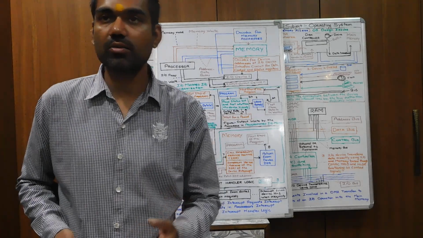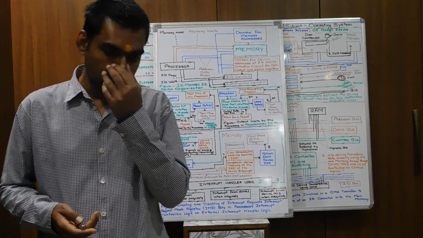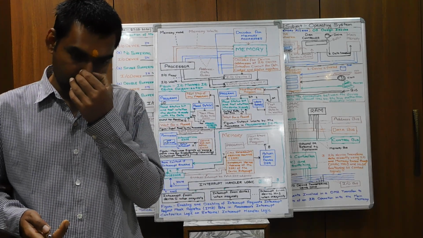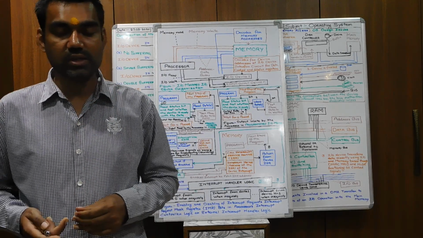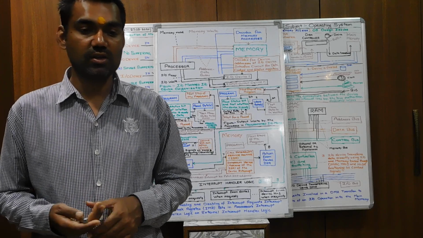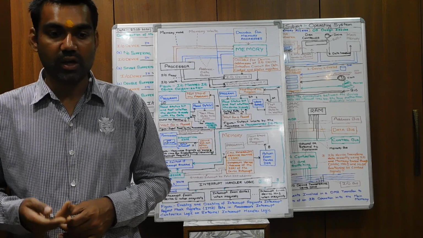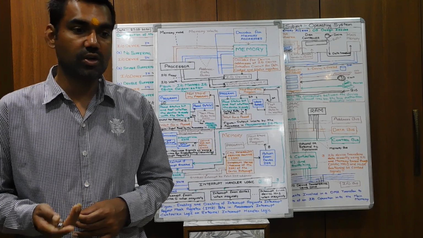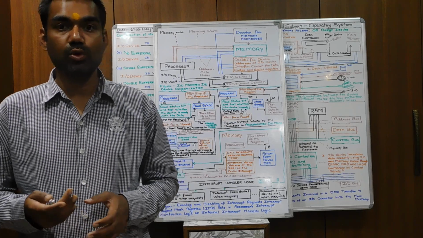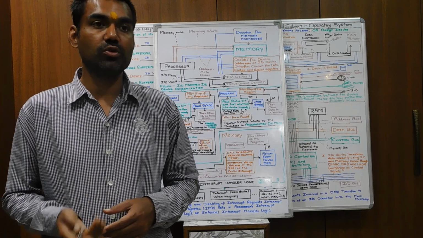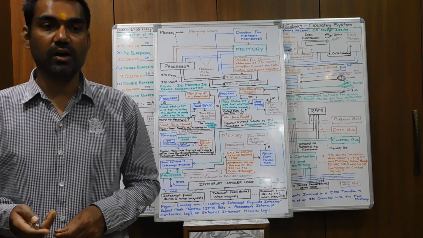Again, coming back, I already told you that IO devices are there, and these devices have control registers. Some ports are associated with these control registers, and ports are associated with addresses.